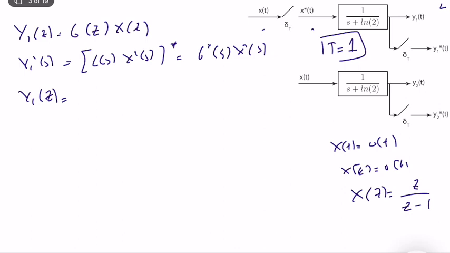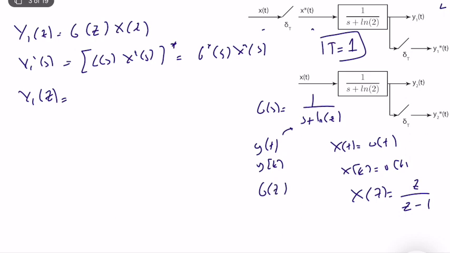What we need is g(z). So g(s) is equal to 1 over s plus ln 2. What we need to do is compute g(t), the impulse response of the system. Then we sample g(k), and we can then find g(z).